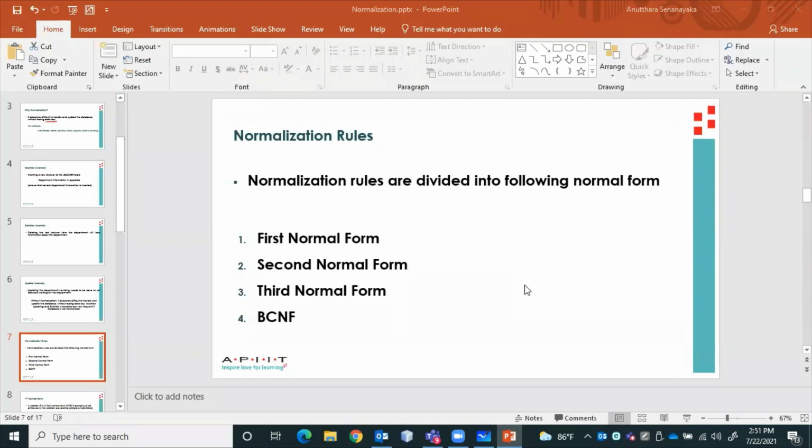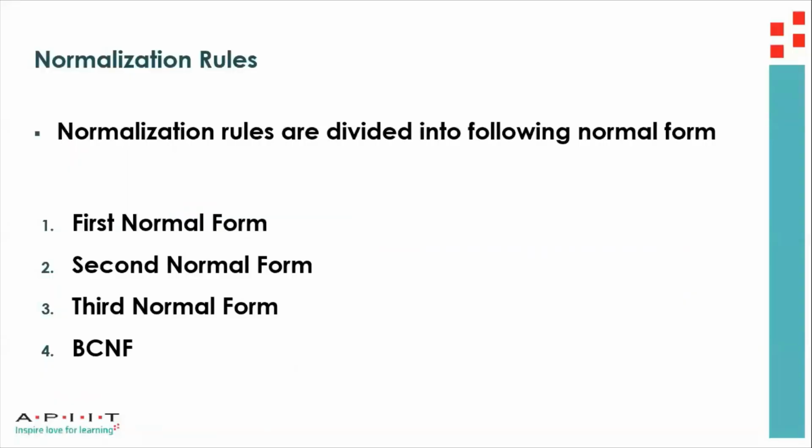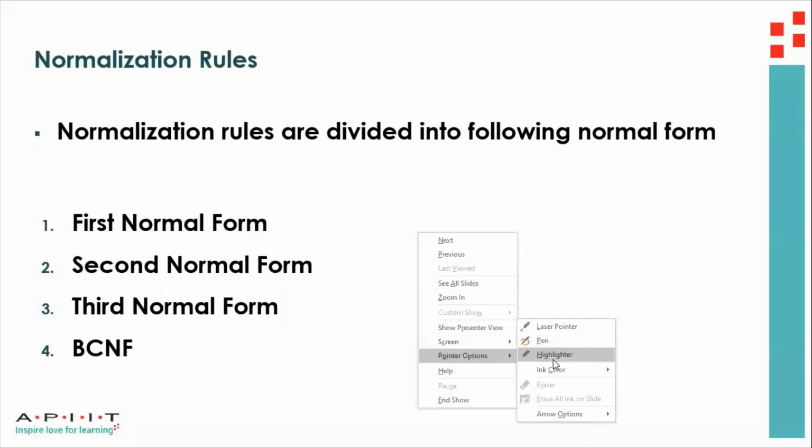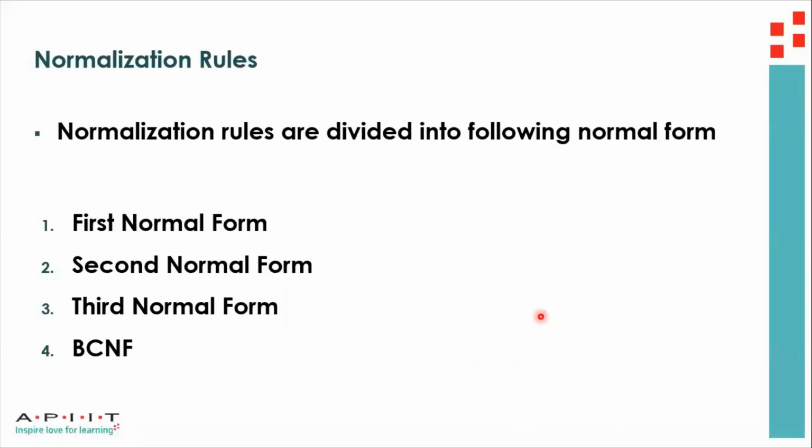So now let's see what normal forms are available, the normalization rules or normal forms available in the DBMS. Like I told you when I started the session, in your syllabus you have three normal forms.